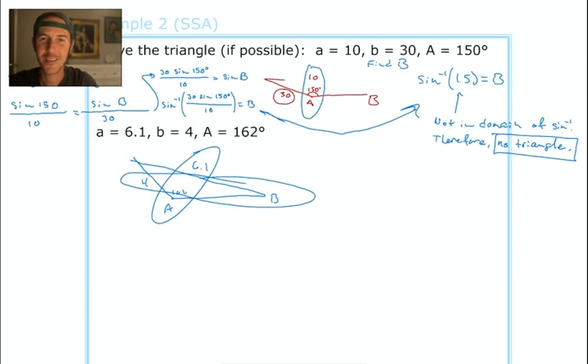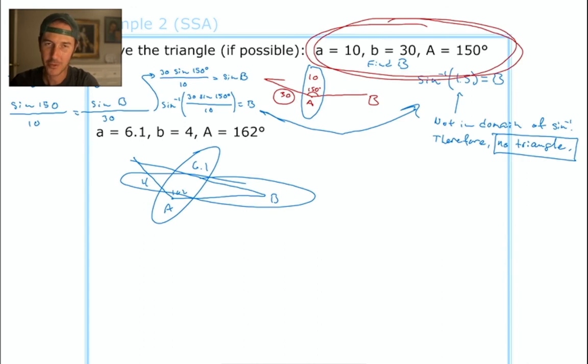I just realized, actually I've already made the next video that comes after this, but the next thing that you're going to watch and take notes on is this problem where we talk about the ambiguous triangle, where you're going to be given some information like this, and the result is going to be possibly 2 triangles.